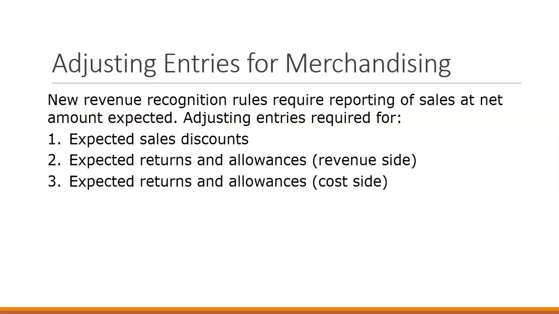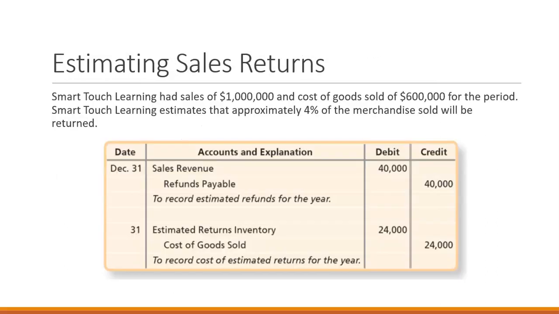Our recognition rules also require reporting of sales at the net amount expected. So we have adjusting entries for sales discounts, returns, and allowances. Say we had sales of $1 million and cost of goods sold of $600,000 for the period. We estimate that approximately 4% of our merchandise sold is going to be returned.